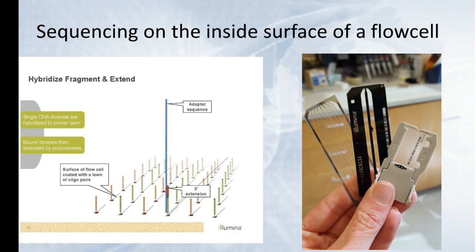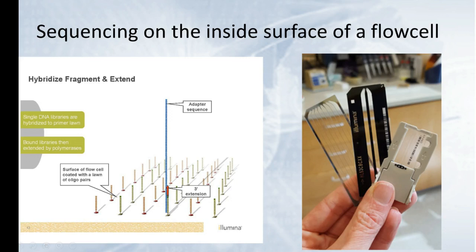So, for example, this microscope slide that you see over here on the right is essentially an exact replica of the one where your sequences will be generated. It is in fact a microscope slide because microscopy is used in this process.